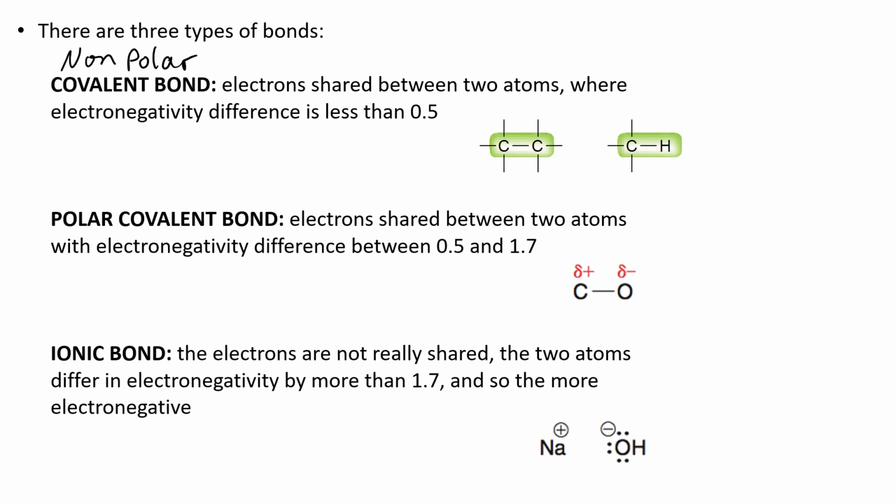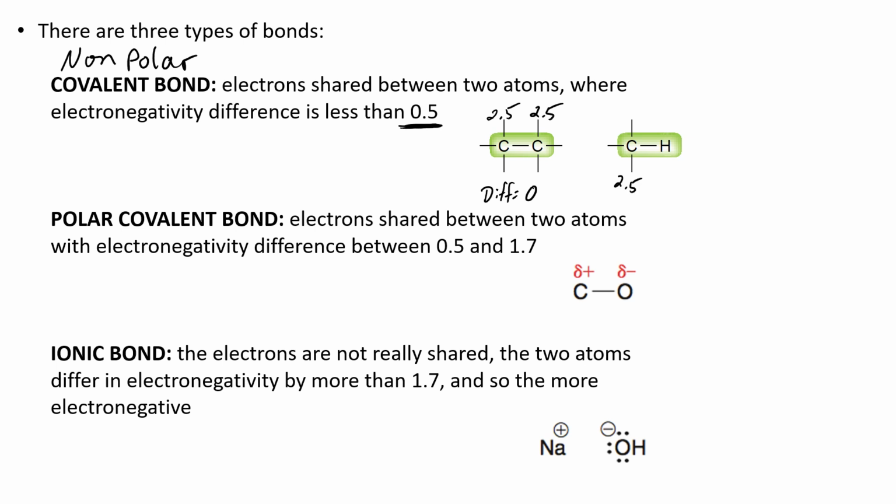We can characterize this by looking at an electronegativity difference that is less than 0.5. So carbon, each carbon is 2.5. If you look on the table, each carbon has a value of 2.5. 2.5 minus 2.5 gives you a difference of 0. So it's less than 0.5, therefore it's nonpolar covalent.